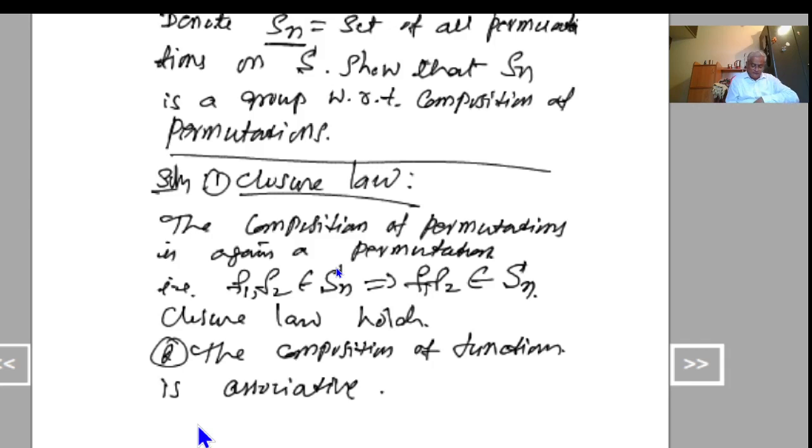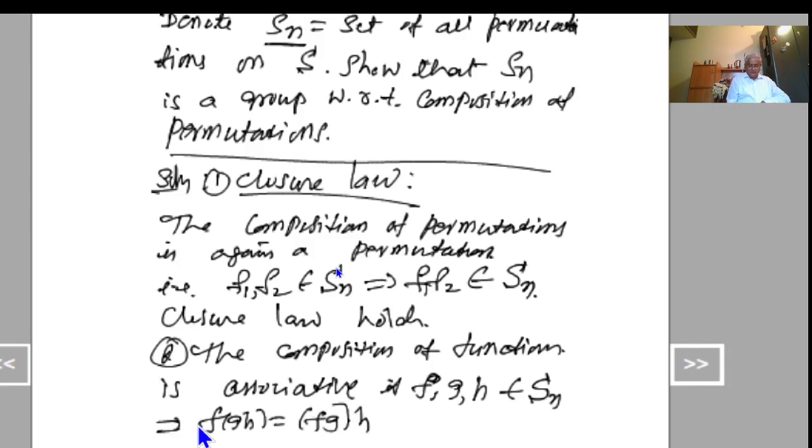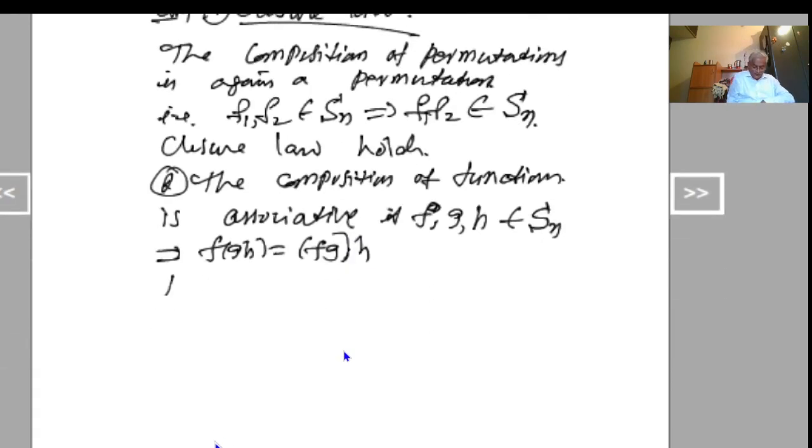So here, if F, G, H are any three permutations belonging to Sn, then (F G) H is equal to F (G H). That means associative law holds. So the associative law holds. Second axiom is satisfied.